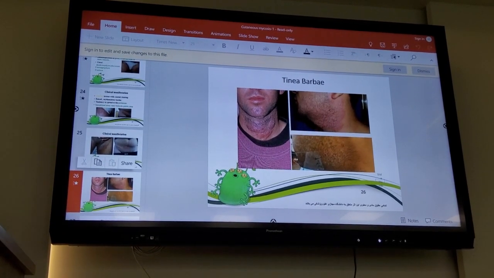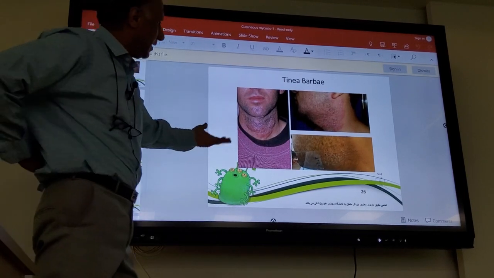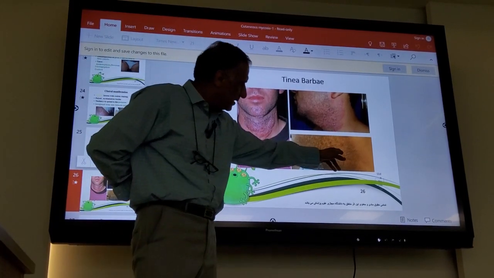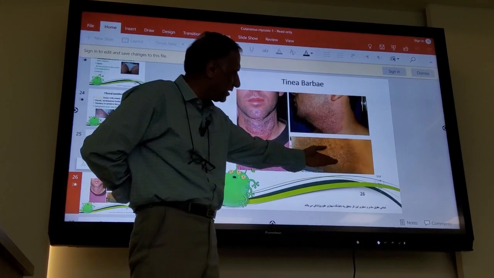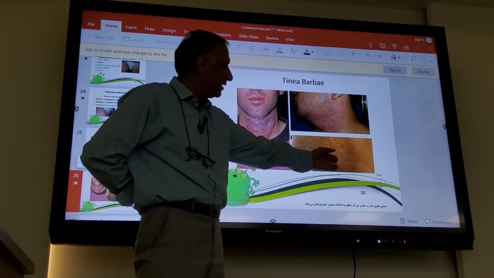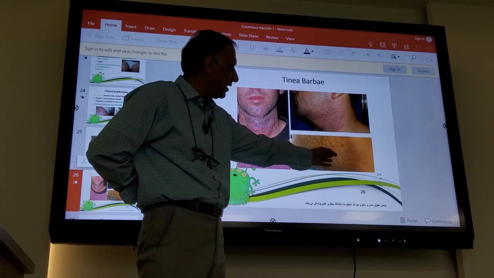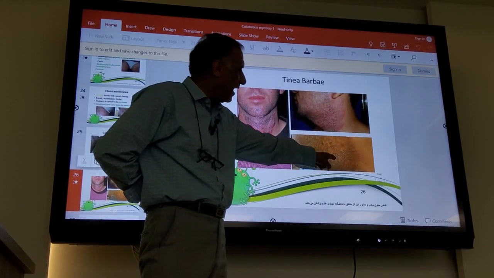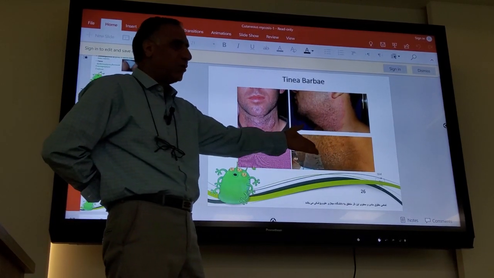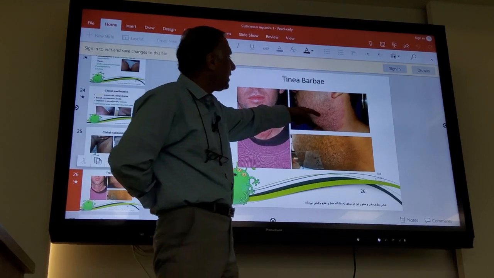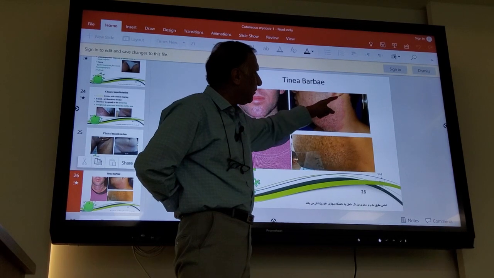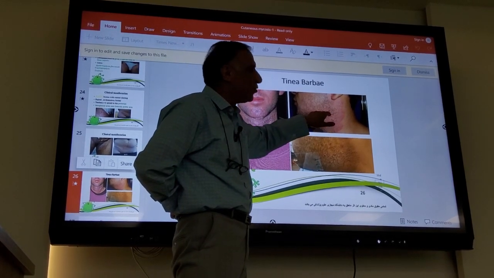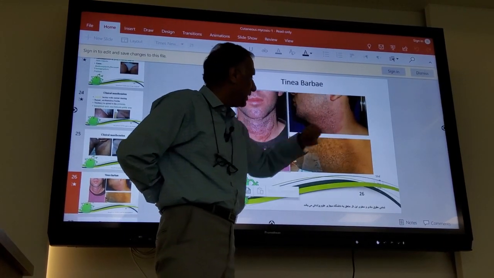The reaction may differ from chronic type, like in this picture, where you have only some hair loss and scaly, it is chronic. Or inflammatory form, acute form, redness and inflammation and folliculitis that spreads.